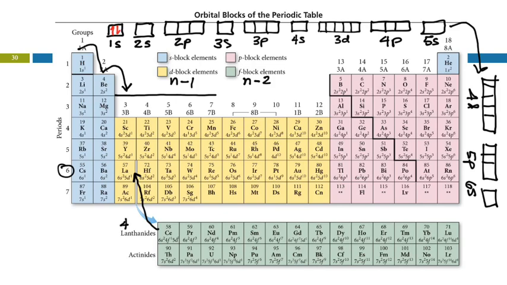So this is 4F. And this would be 5F. Now there is this little weirdness where we've got 1 in the D block and then we jump to the F. So we'll just kind of ignore that one and we'll go 6S and then go straight to 4F. So 4F, now we've got 7.